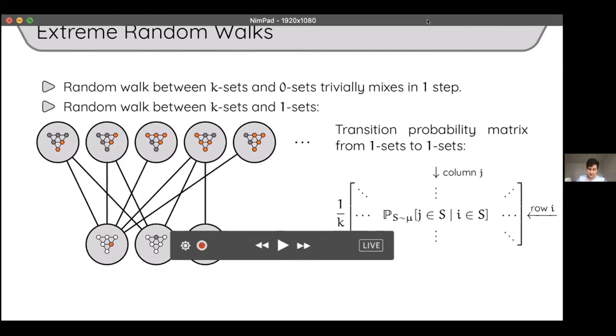The probability transition matrix for one of them is like the matrix AB, the other one is like BA. So their spectrums are basically almost the same, except for a bunch of 0 eigenvalues, for example. So in order to study the random walk between k and 1 sets, you might as well just flip this and study the flip random walk between 1 sets and 1 sets.